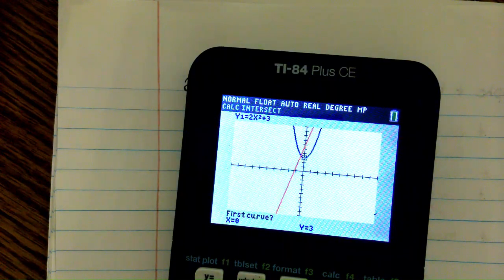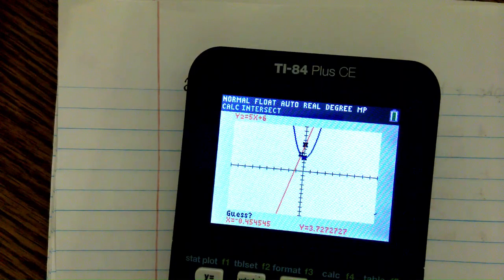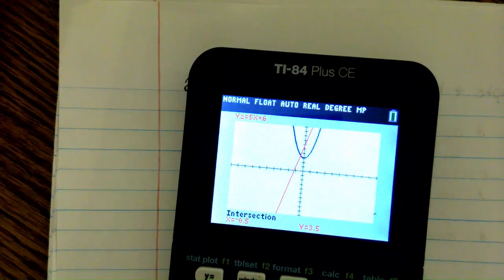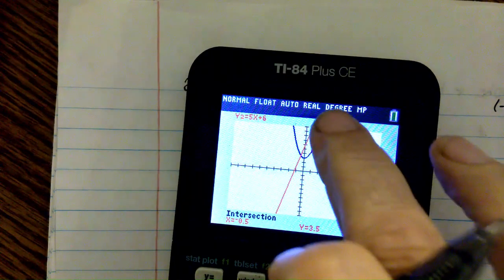My first curve is in blue, I'm highlighting the blue, I'm going to hit enter. My second curve is red, I'm highlighting the red, I'm going to hit enter. And my guess is about right here. And I get that they do meet at negative 1/2, 3.5. But they look like they're going to meet again.